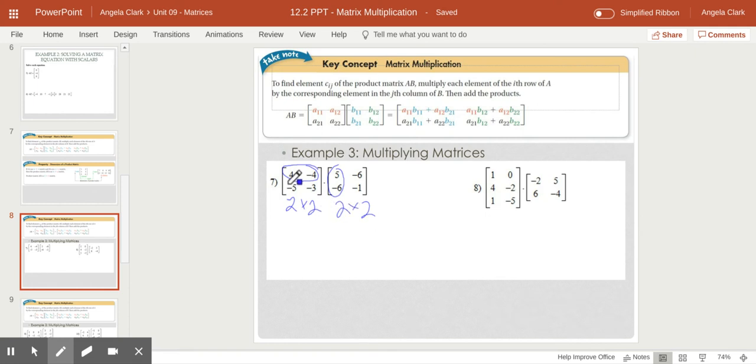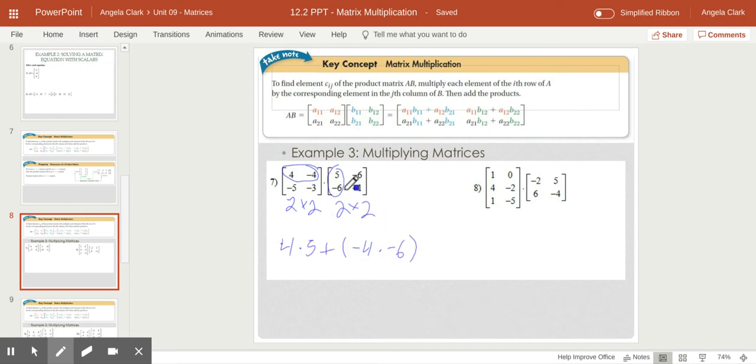Now I'm going to do the first ones times each other. So 4 times 5 plus the second one times each other. So -4 times -6. I'm putting it in parentheses because of the negative. Anyway, that's going to be the first element.